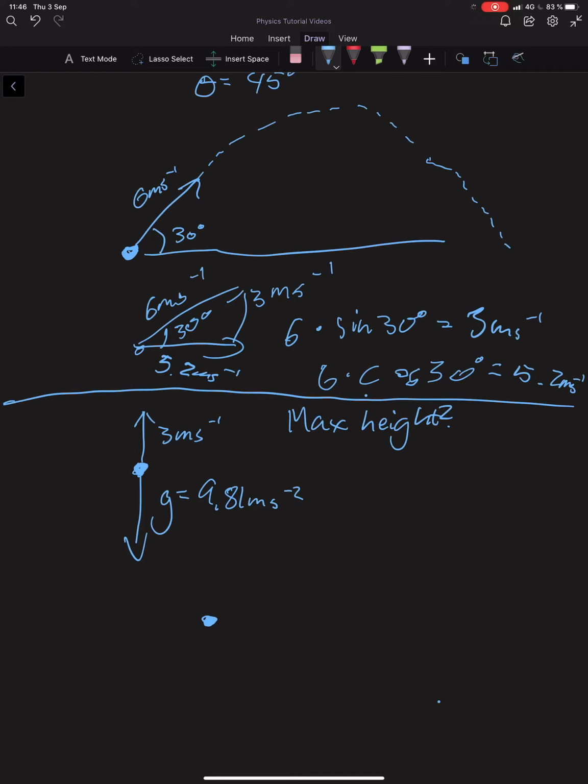Well, when the ball reaches its maximum height, it starts falling downwards. But at that point, it hasn't started falling downwards yet. So our v value should be 0 meters per second. And our u value is the initial velocity, 3 meters per second. And our acceleration value is 9.81.